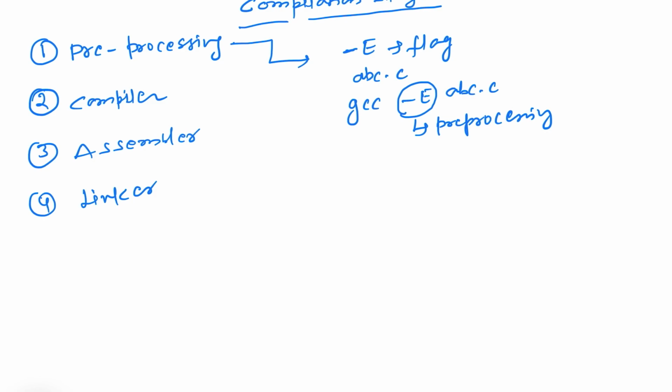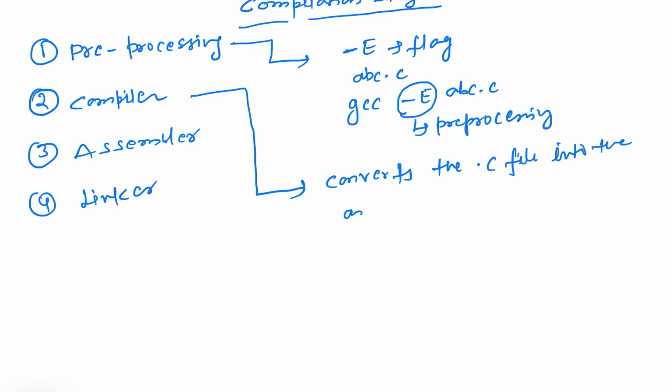In the same way, we have the compiler. What is the use of the compiler? It converts the .c file into assembly instructions.